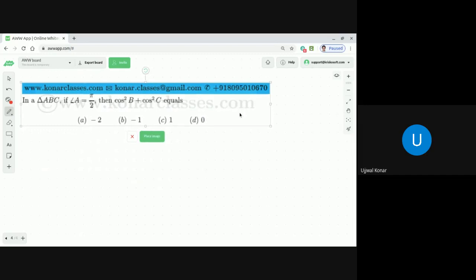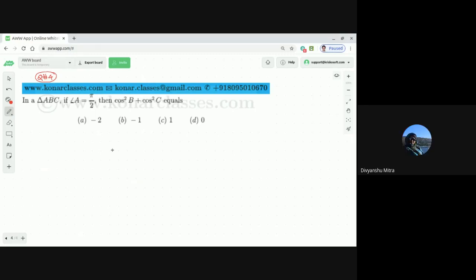This is question number 4, dear students. It's a right angle triangle, and you need to find the value of cos square B plus cos square C. Actually, it is a pretty simple question.